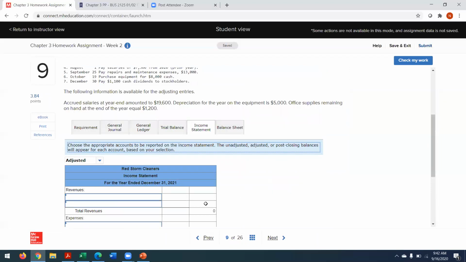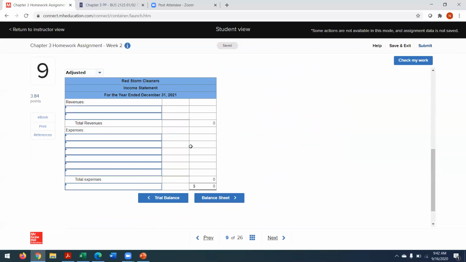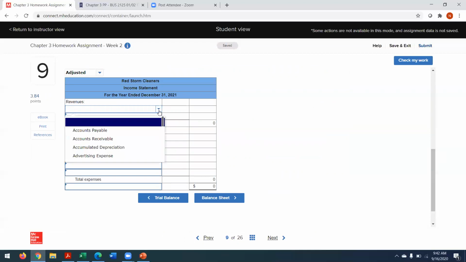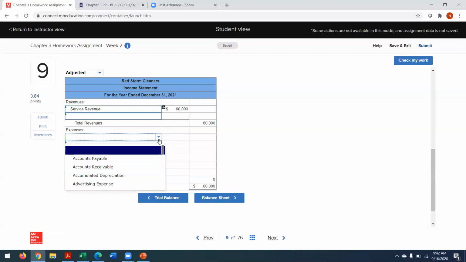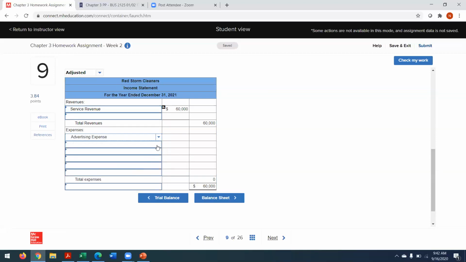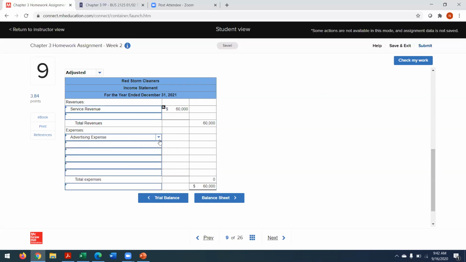So now if I look at my income statement, it doesn't just automatically fill it in for me, does it? So my income statement is service revenue of how much? 60. My expenses, I guess I don't have an advertising expense.